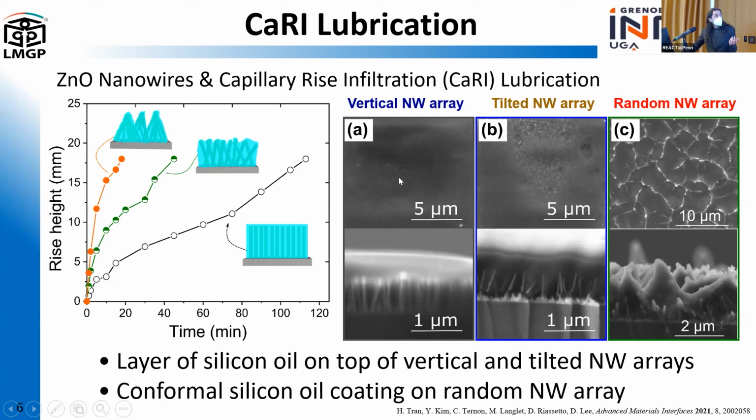If you look at the silicone oil, you can see it is smooth because we have a coated layer of silicone oil on the nanostructures for the vertical and tilted nanowires, while it seems to be very rough with a conformal coating in the case of the random nanowires.